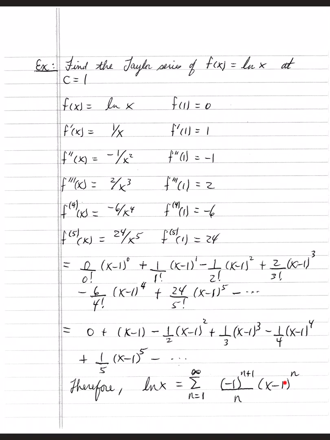X minus 1, your center is at 1, so x minus 1 to those powers that increase 1 at a time. Notice your denominator and power match every time. X minus 1 tells us that 1's the center, and written this way, we get the correct sign alternation.